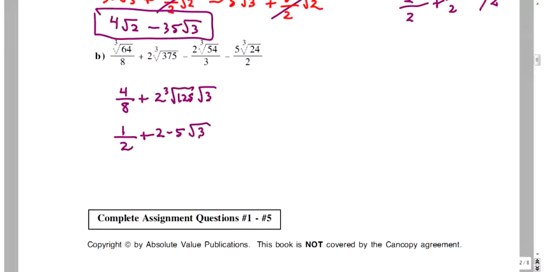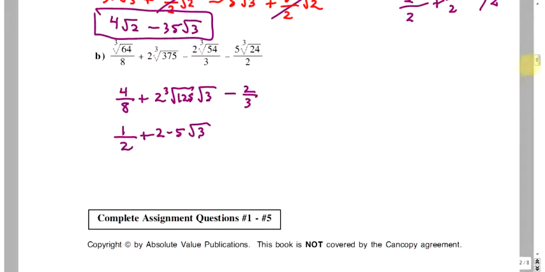Okay. Let's go on to the next one. That says 2/3. Okay? That's a number. I want to take that out front. Now all that's multiplied by is the cubed root of 54.